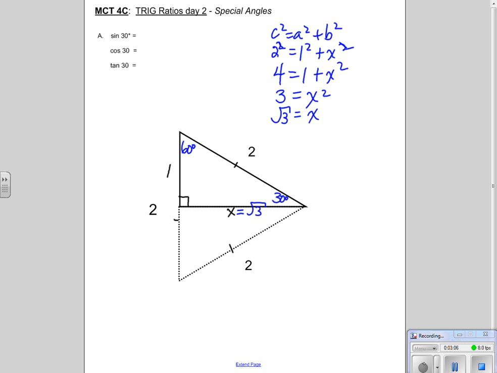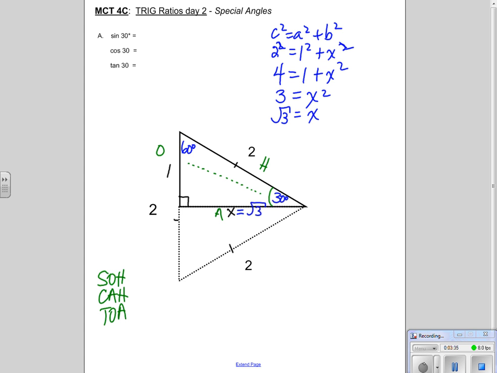Since it's the 30-degree angle that we're thinking about on this slide, I'm going to label my triangle with opposite, adjacent, and hypotenuse, and it's always a good habit to be in. Longest side is hypotenuse. The one furthest away from the angle of reference is opposite, and adjacent is the one that's left over. So sine, let's write our memory device down here, so SOH CAH TOA.